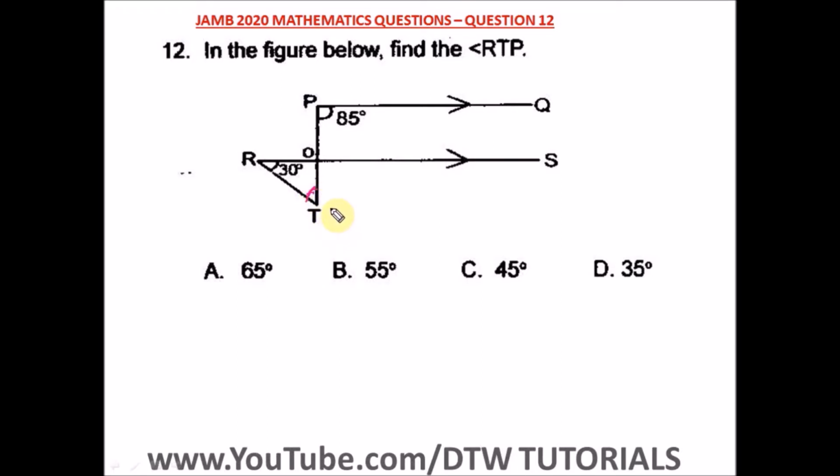If you are conversant with your angles, you know your corresponding angles, your alternating angles, and your supplementary angles, you are good and fine. When we are dealing with alternating angles, we should look for a shape that resembles a Z, so that here will be equal to here, or if it's the other way around, here equals to here.